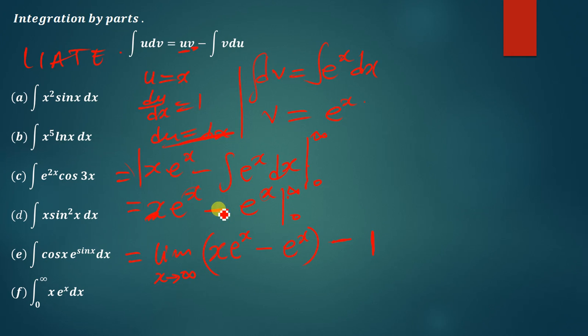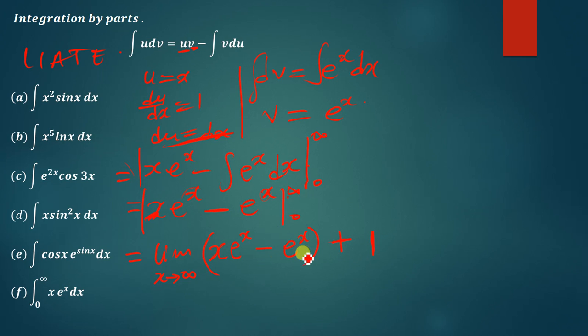Like I said, when we are replacing infinity, it's just the same as the limit of the whole function here, this part, as x approaches infinity. And then the other part is this. When you replace 0 in this expression, you get 0, and we say minus, but because there is a minus here, and there's also a minus between the two limits when you're replacing, this part was supposed to be a plus.